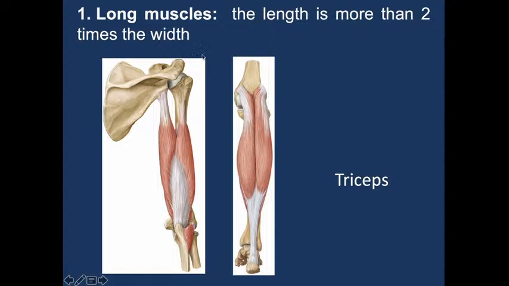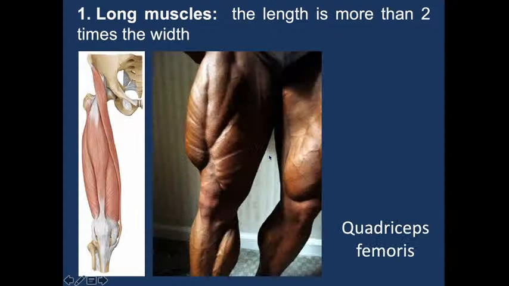Sometimes there are three caput, or three tendons for one long muscle, and we call such muscles triceps. This one is musculus triceps brachii or musculus triceps surae in Latin.